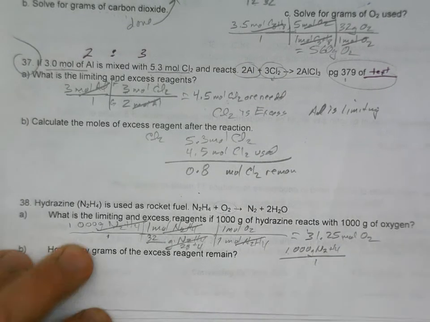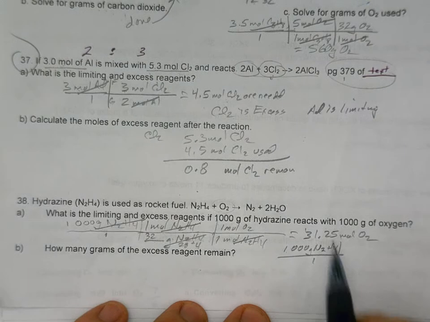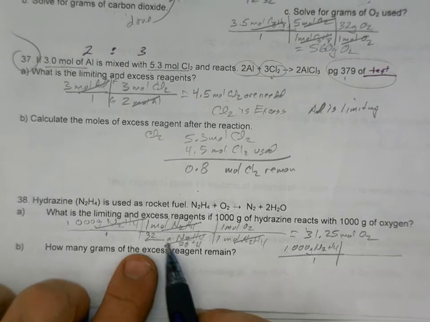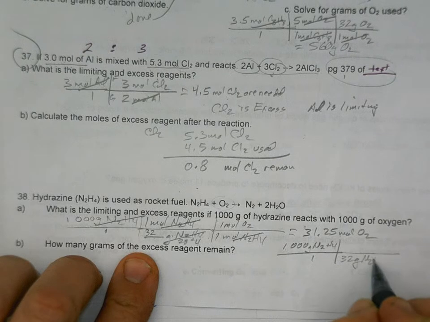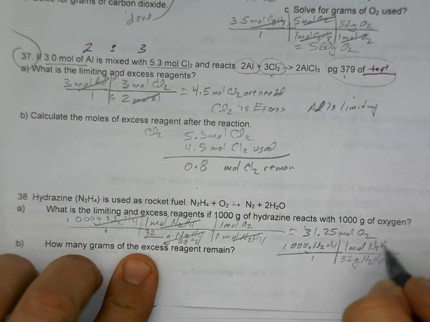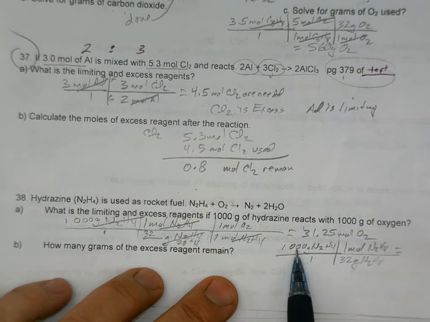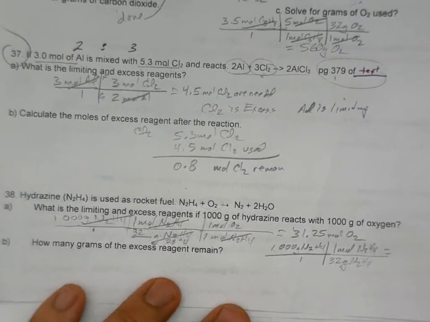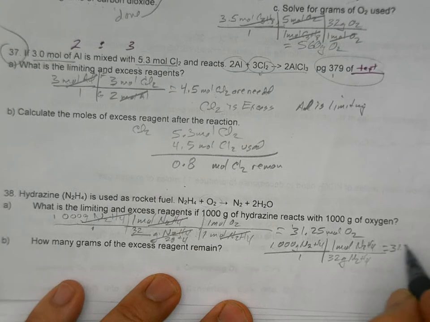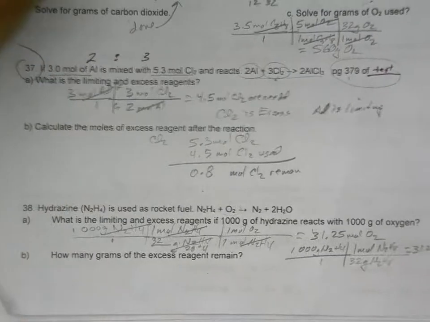We want to change that into moles, because let's compare and see how many moles we have. We already know that O2 weighs 32. 32 grams of O2 is 1 mole of O2. So what's 1,000 divided by 32? 31.25.